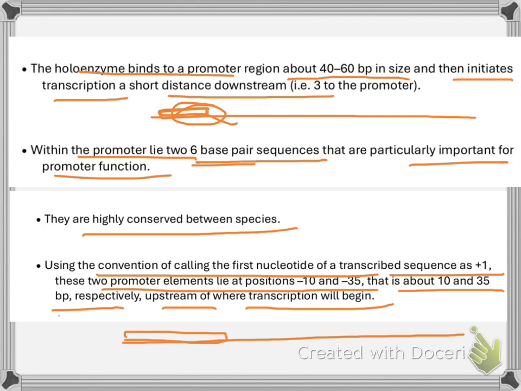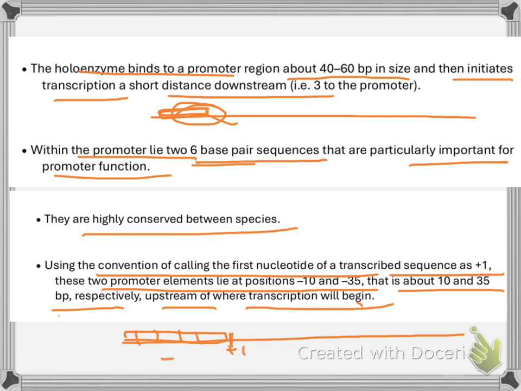In this promoter site, there will be two 6 base pair sequences. We can consider the start site as +1. Here the transcription starts, and these two 6 base pair sequences are known as the -10 sequence and the -35 sequence.